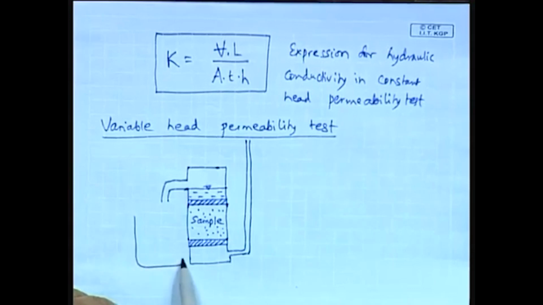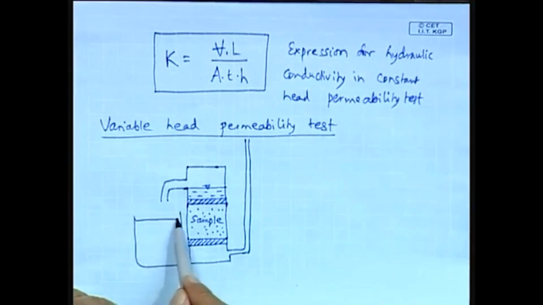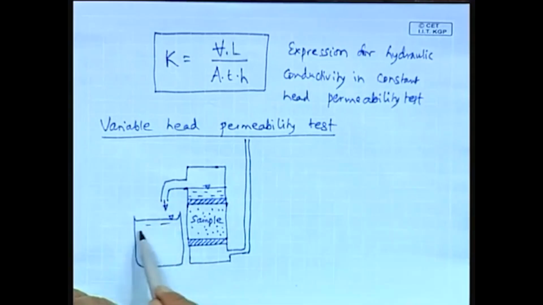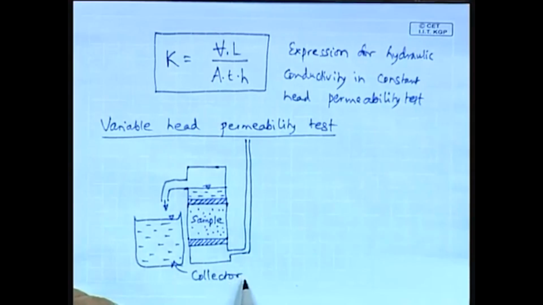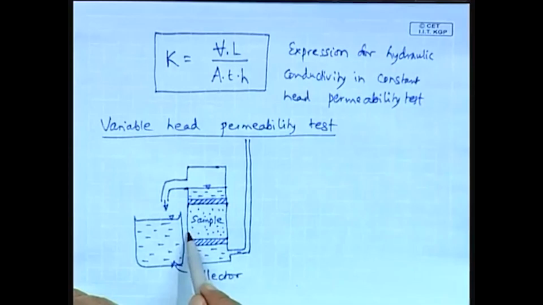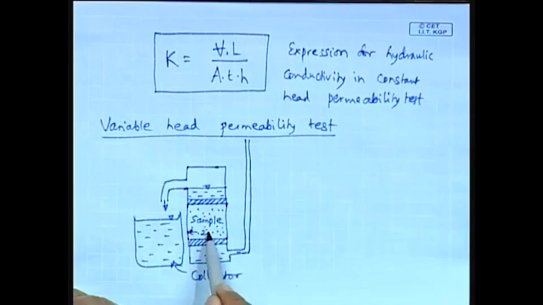So here this is the collector, and here we have this water, and the sample, assuming this to have a circular cross section. Let us consider the radius of the sample as R c.